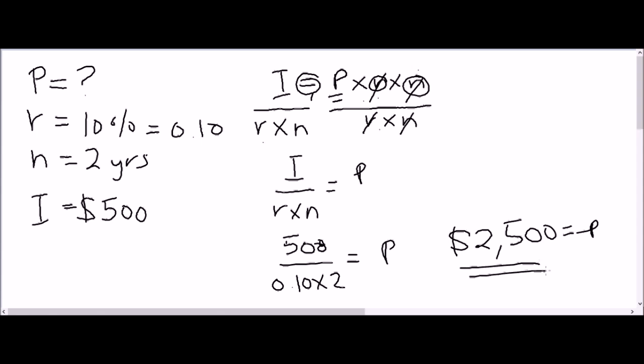Now some questions will be like this, some questions will even go and ask, they'll give you the principal and they'll ask what the rate is, or they'll give the principal and the rate and the simple interest, and then they'll ask what the time period of the loan was.